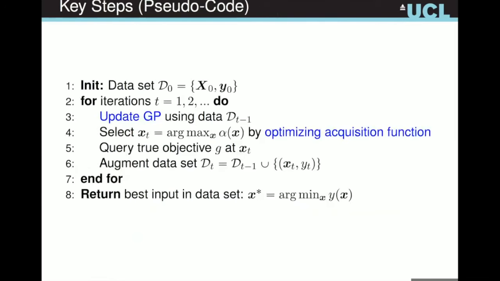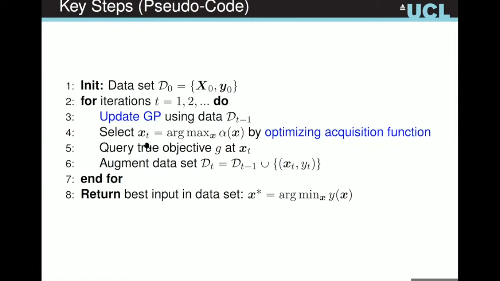So here's how Bayesian optimization works. Assuming we have an initial data set of evaluations of the true objective function and corresponding input values, so x0 and y0, then using this data set, we update our Gaussian process, or we train our Gaussian process.